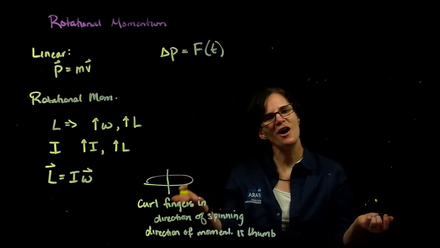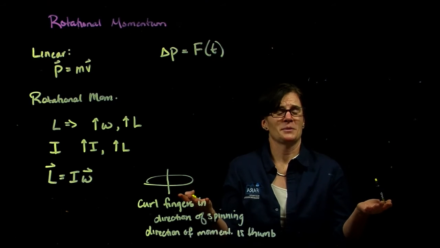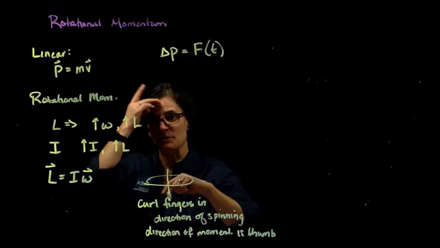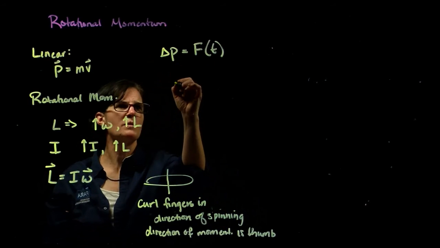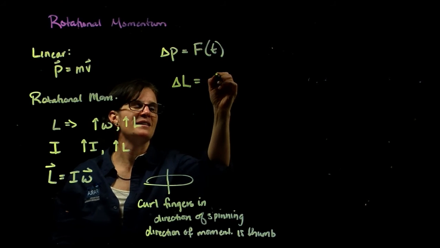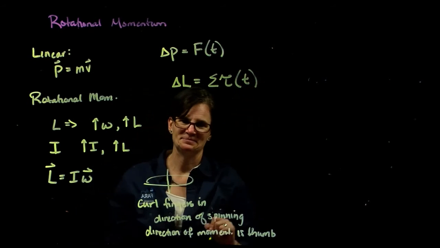So Newton's second law for rotation is the same as the idea of impulse in rotation, the same way that it was for the linear motion. So we know that a change in momentum is going to be the net torque times time.